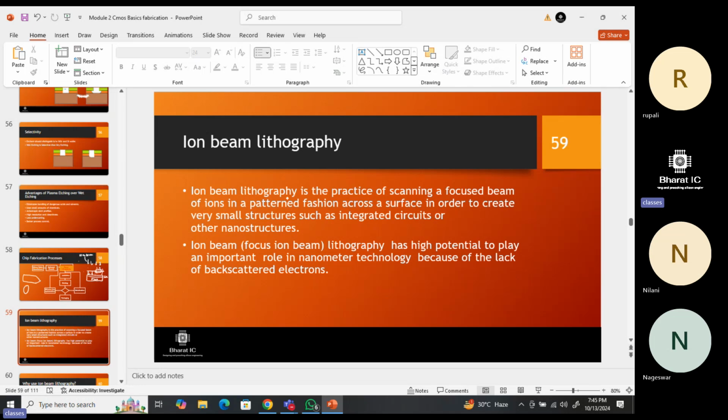Ion beam lithography is a practice of scanning a focused beam of ions in a patterned fashion.